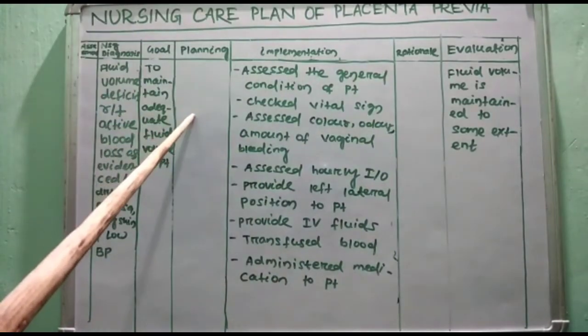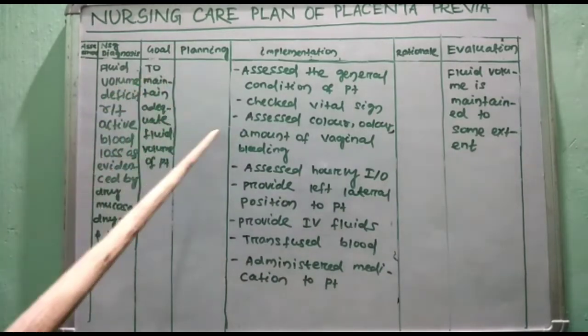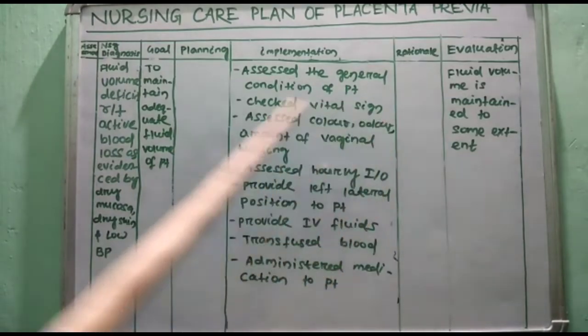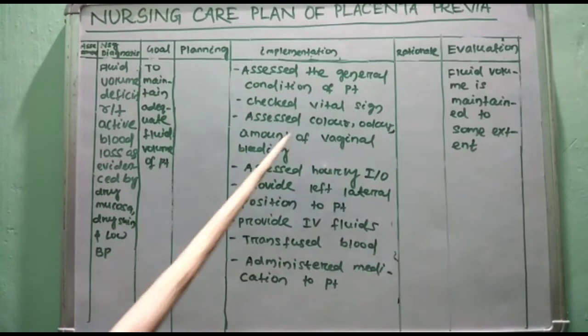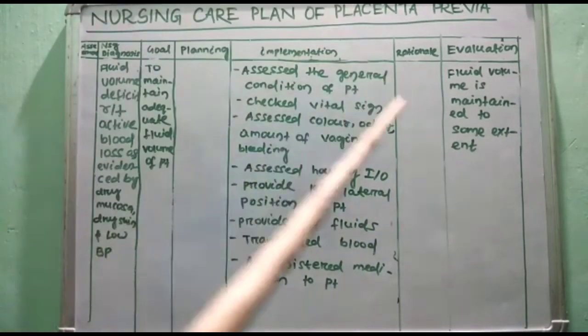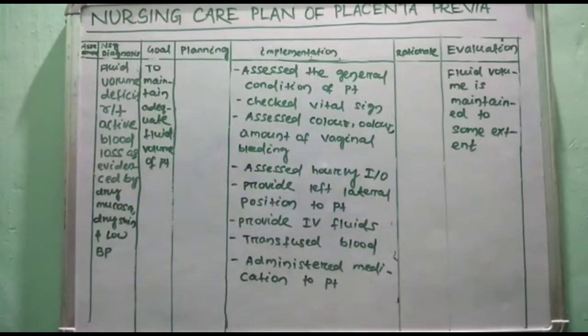Then third planning is the color, odor and amount of bleeding to be assessed. And the implementation is assess the color, odor and amount of vaginal bleeding of the patient. Rationale is to know the amount and the consistency of bleeding of the patient.